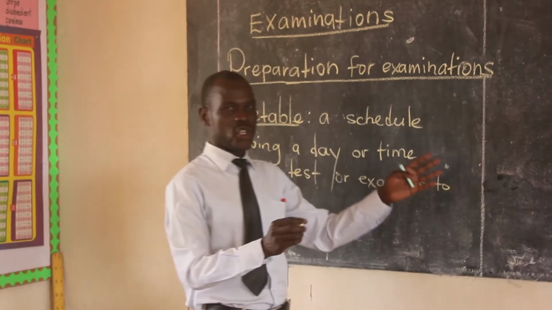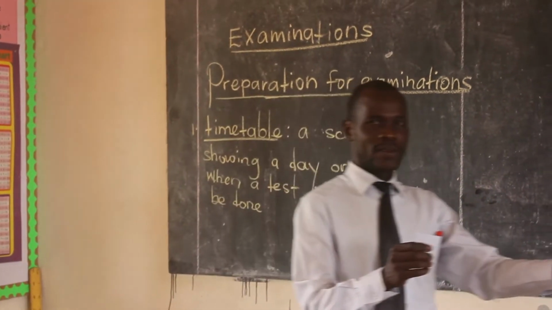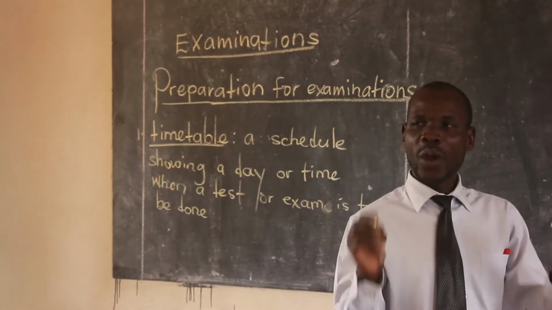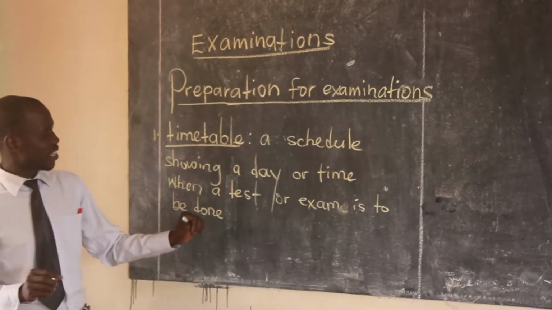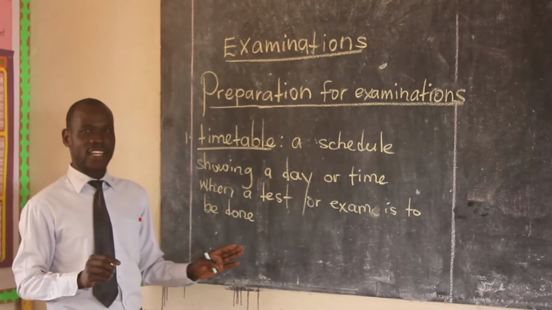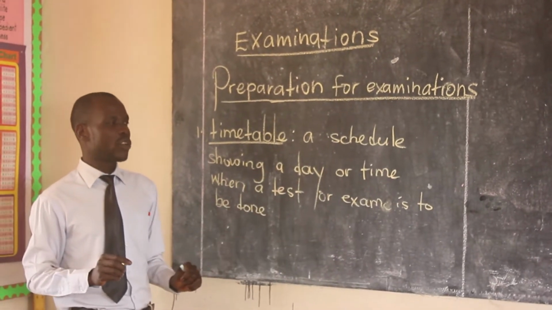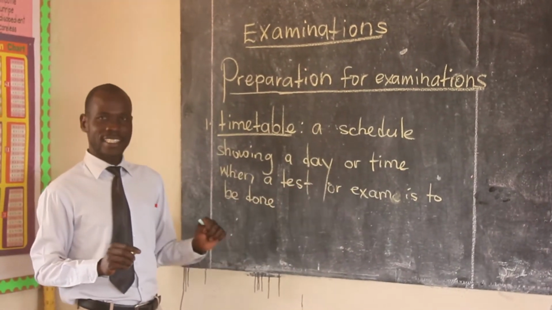So it is just a schedule showing you that day and also time. When will it be done? When will you do that examination? When will you do that test?